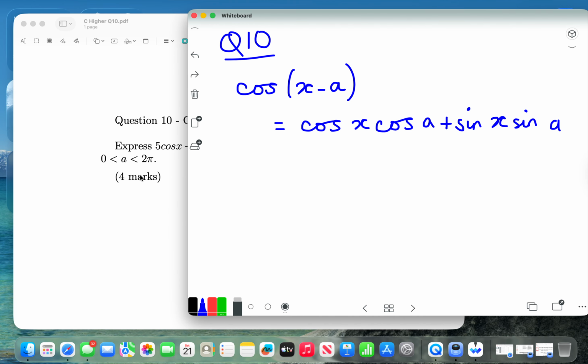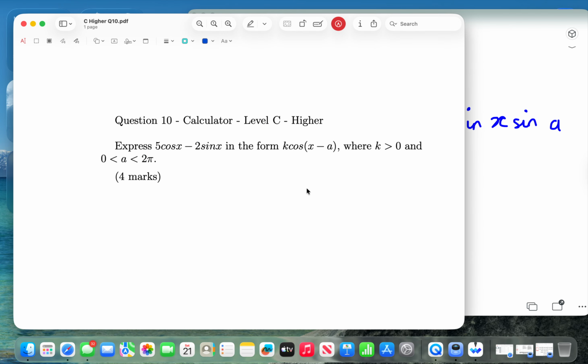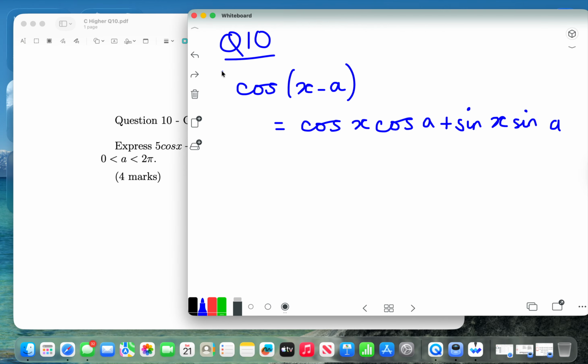But we have to use k cosine(x minus a). So let's multiply both of these expressions by k, and let's expand the bracket on this. K cosine x cosine a. In fact, I'm going to write cosine a first.